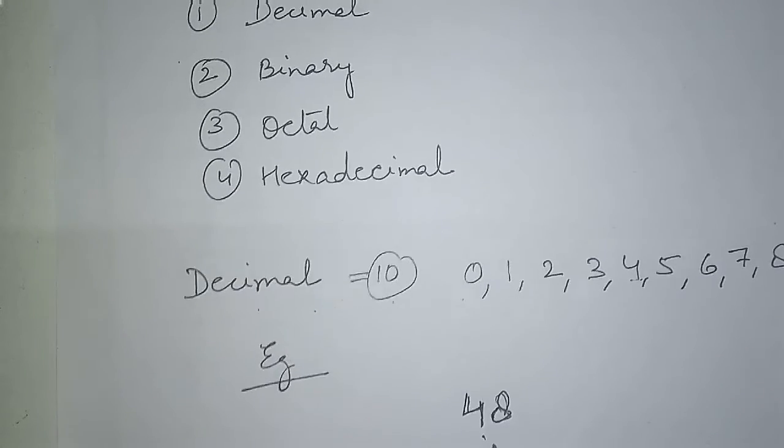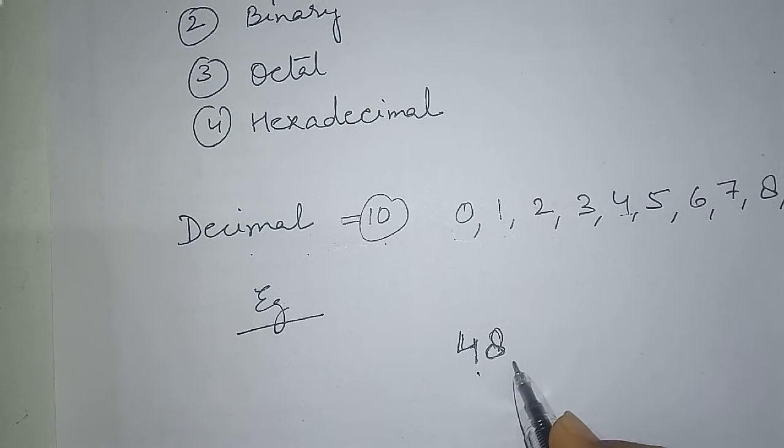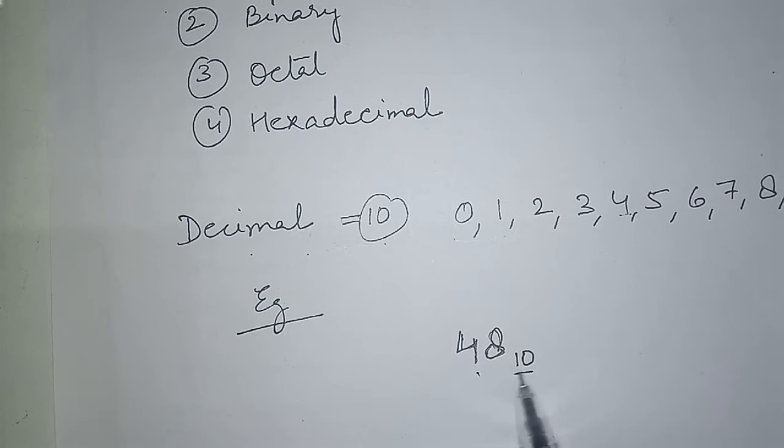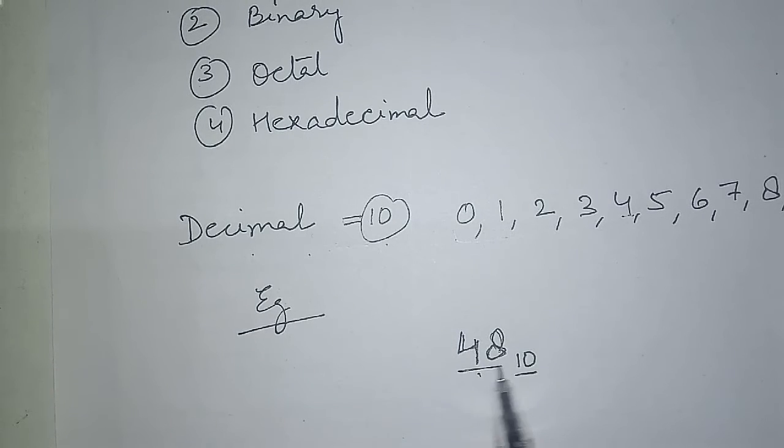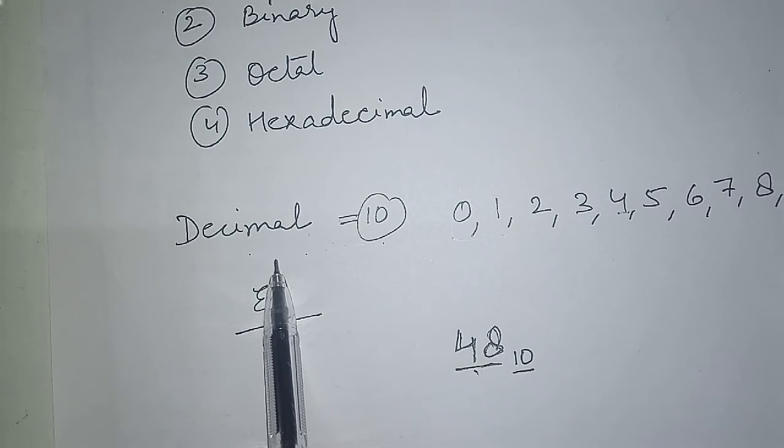To represent this in the decimal number system, we put a base as a suffix at the right end. This 10 means the base applied onto the number 48, and together they represent that this number 48 belongs to the decimal number system.